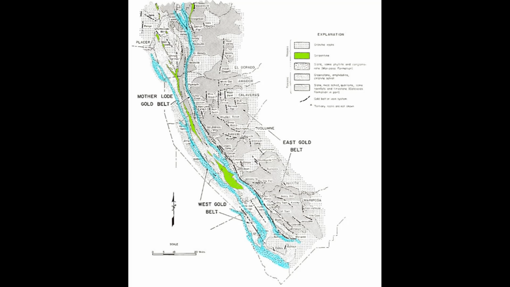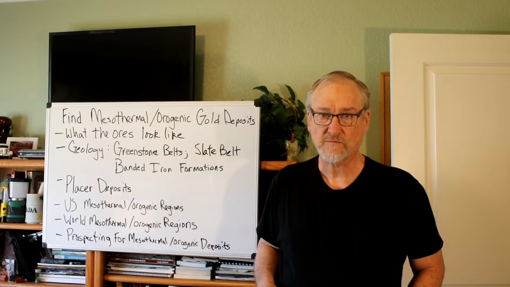This map shows the slate belts in blue and then serpentine and intrusive rock in green. And you can see the dark black lines that are associated with the slate belts. Those are the zones, the fault zones that can carry the gold deposits. So the gold deposits parallel the slate belt and in fact run through it.